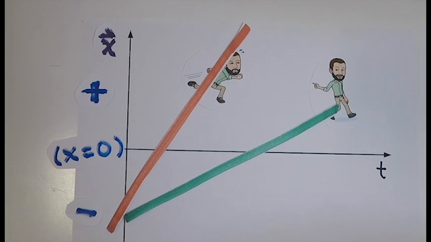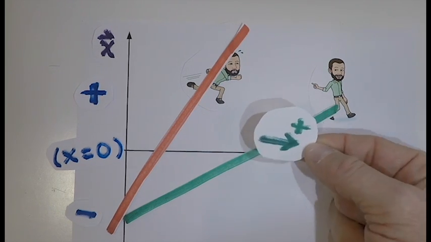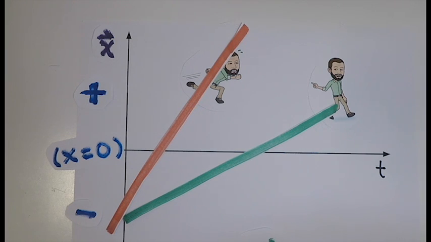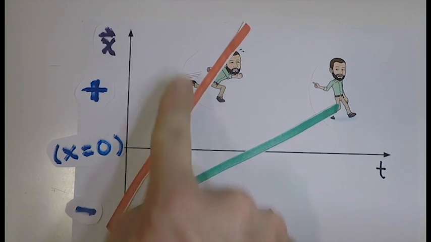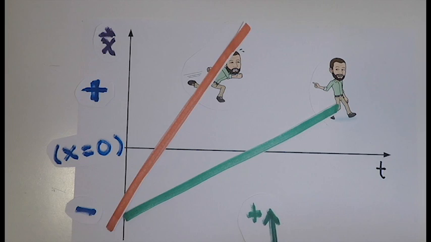So both of them have positive uphill slopes, representing the fact that my character is always traveling in the positive direction, or towards the positive positions. But the red slope is steeper than the green slope, showing that he's traveling faster in order to do so.